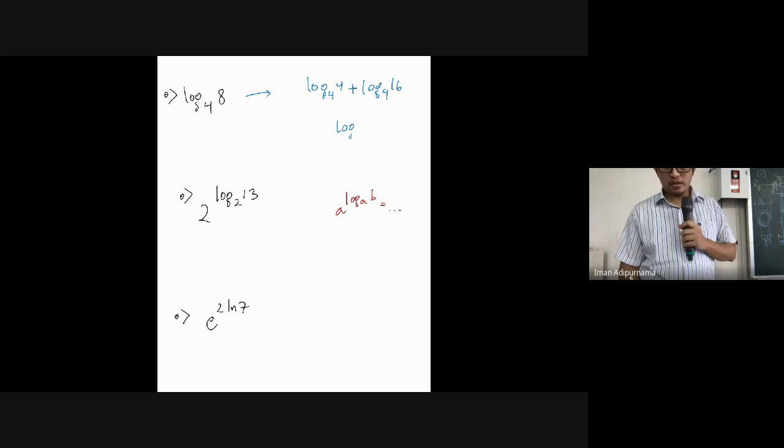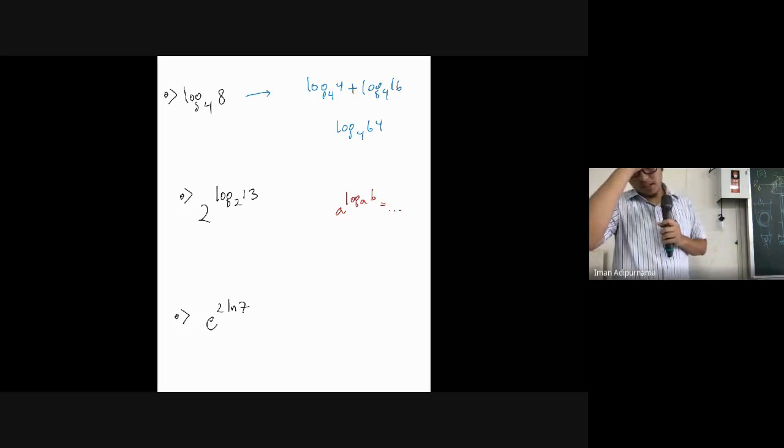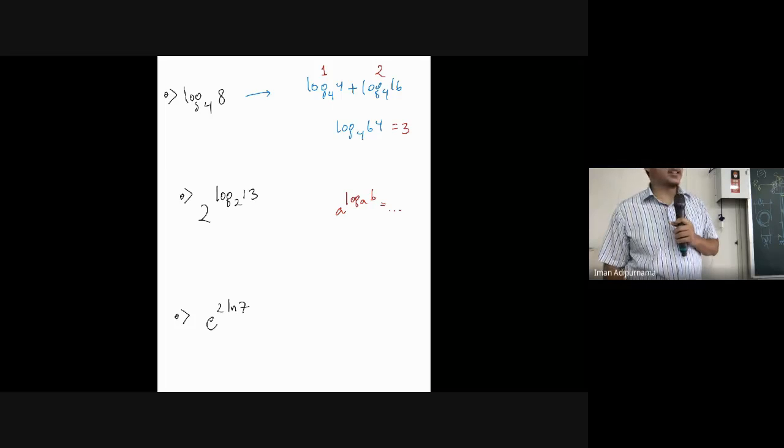This you can write log 4 of 64, right? Or simply you can check. This is 1. This is 2, right? So it should be 3. So let's check whether this is 3. This is 3, right? And that's correct, right? So that's how the law came from. Do you understand?